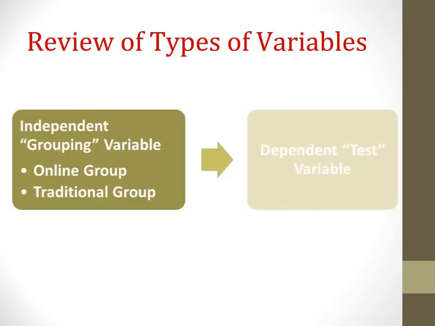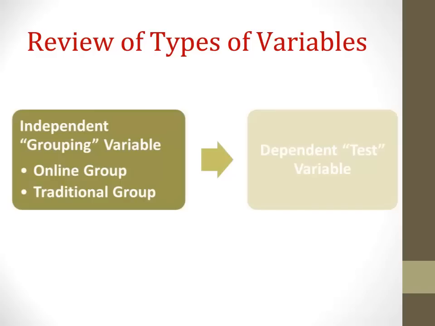In other words, the researcher divides the participants into groups based on the independent or grouping variable. An example of this may be the type of course that students are enrolled in, or the type of course that he wants to assign the students to. All students enrolled in an online course could be one level or one group, while all the students enrolled in a residential course could be another level or another group.